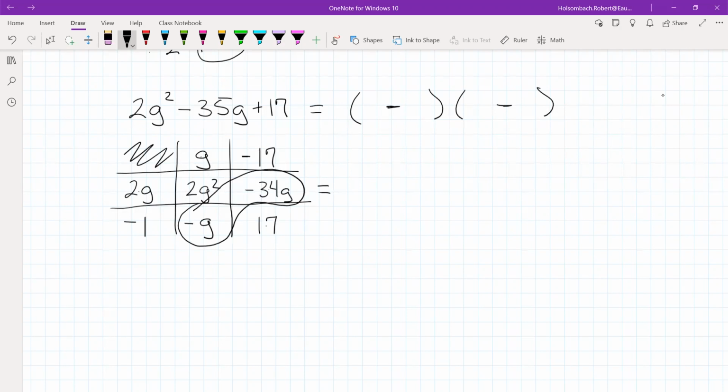So these two will sum to negative 35g. So all of our checks work. So we've got a 2g minus 1 and a g minus 17.